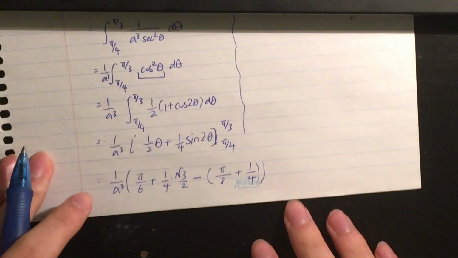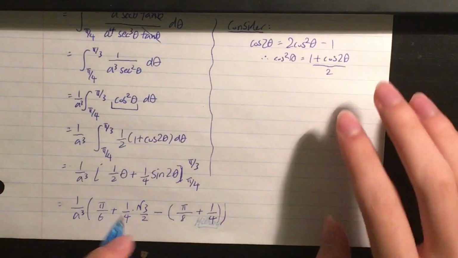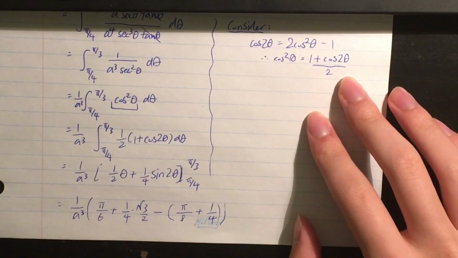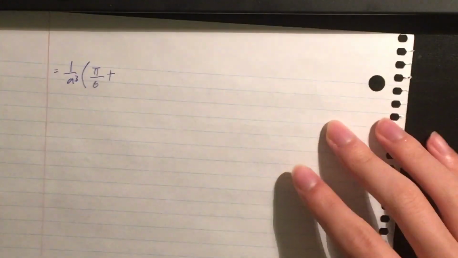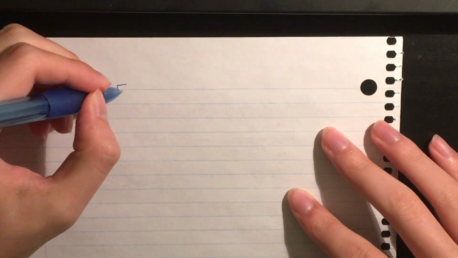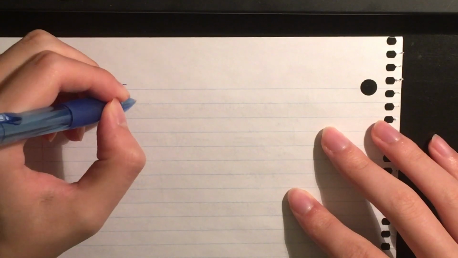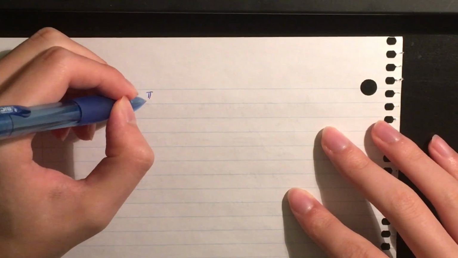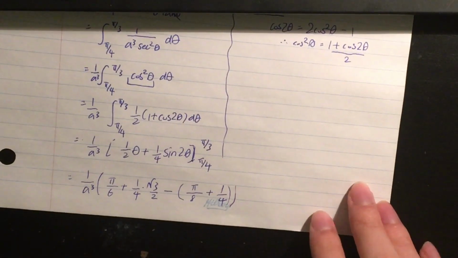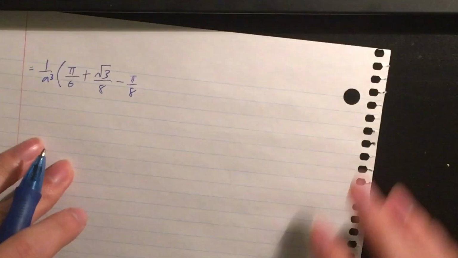And in fact, we can cancel some of this stuff out. So we have root 3 over 8 minus pi over 8. And this is minus 1/4.